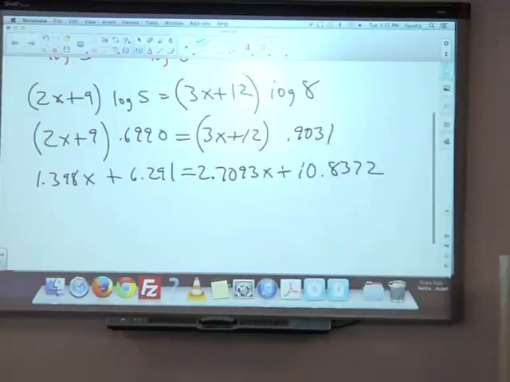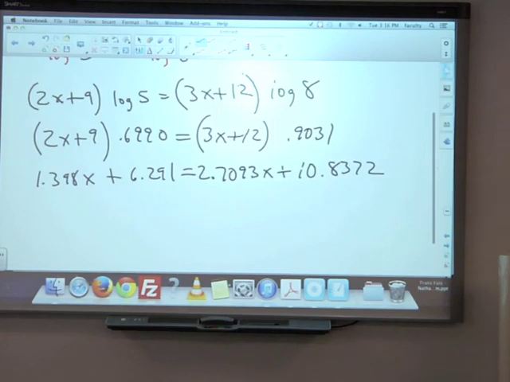Yes. Wait, so how did you get all of those numbers? 0.6990 times 2. Distributive property. Okay. So I did my distributive property. So 0.6990 times 2, 0.6990 times 9, 3 times the 0.9031, 12 times the 0.9031.